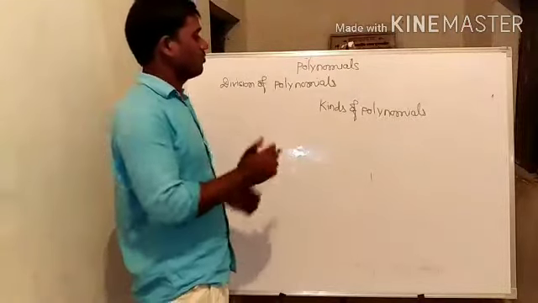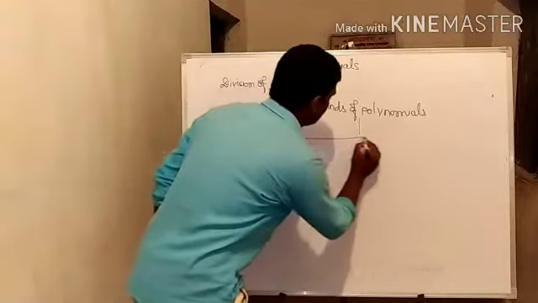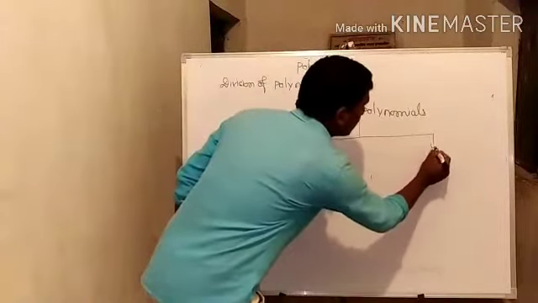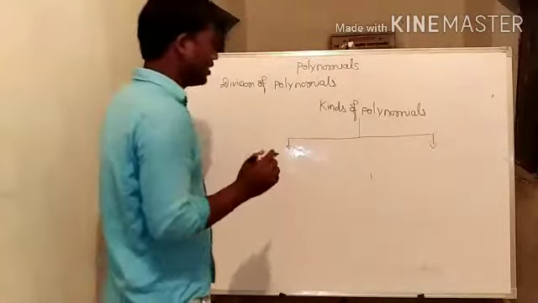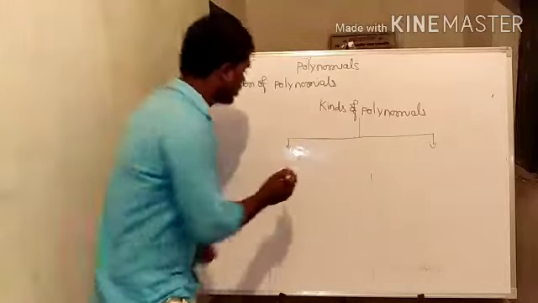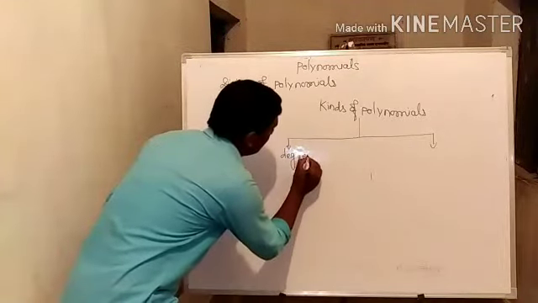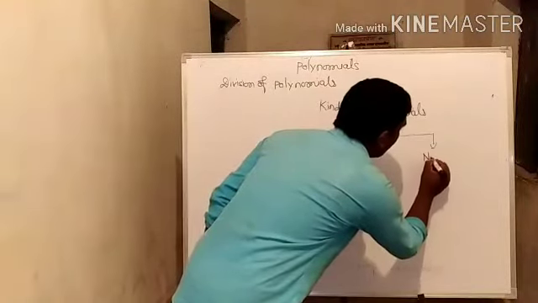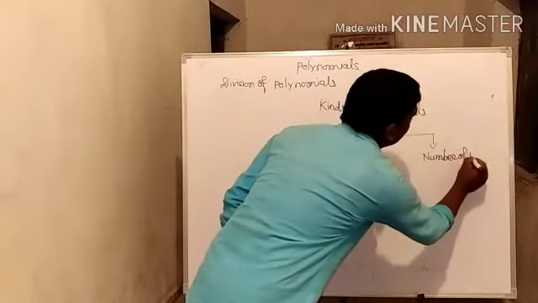There are two types of polynomials. We divide these polynomials according to degree and according to number of terms.